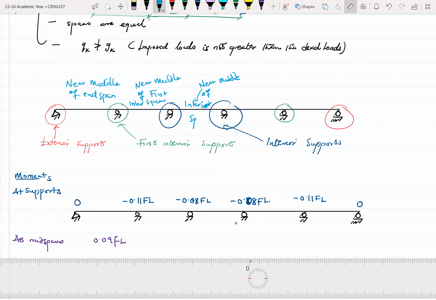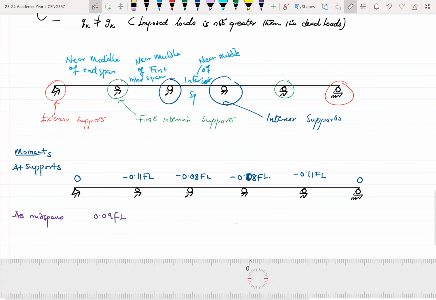So these are how we name them. Here this will be 0.07 FL. Then this would again be 0.07 FL, 0.07 FL, and then 0.09 FL.